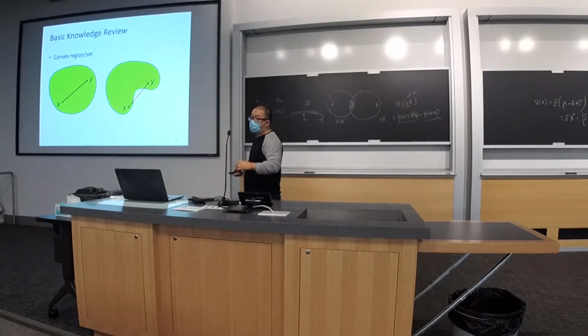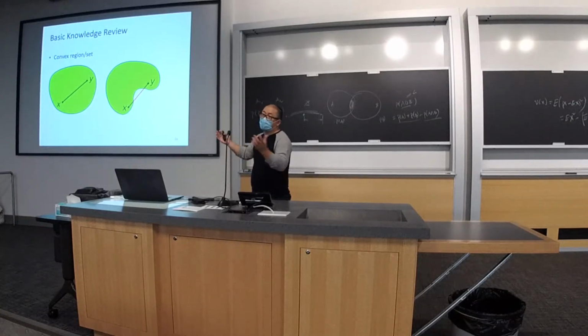A convex region requires that if you connect any 2 points in this region, all the points on the segment connecting them must stay inside the region as well. If I pick x and y here and draw a line between them, the right part stays outside. It's no longer inside. So this blue kidney-like shape is not a convex region. Does it make sense?